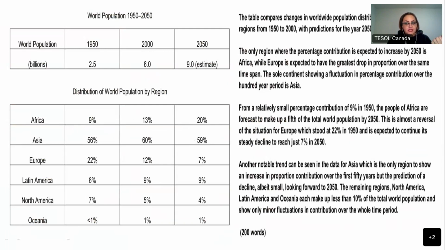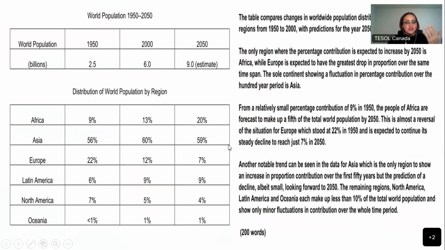The sole continent showing a fluctuation in percentage contribution over the 100-year period is Asia. So 56% in 1950, then 60% in 2000, again 59% in 2050. So not very much, but a little bit different. There is a fluctuation, up and down a bit.